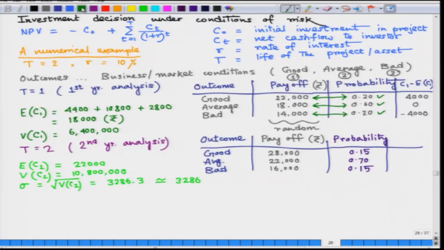So, let me also get the sigma value in period 1. Sigma in this case will be the positive square root of variance of C1, and that will give us 2529.8. We can assume this to be 2530.